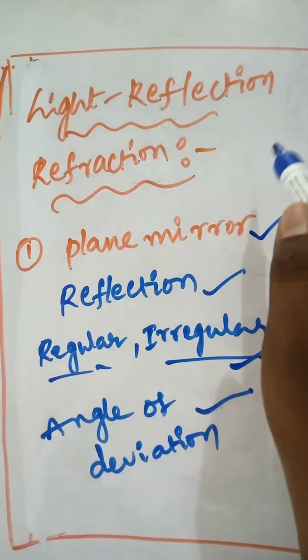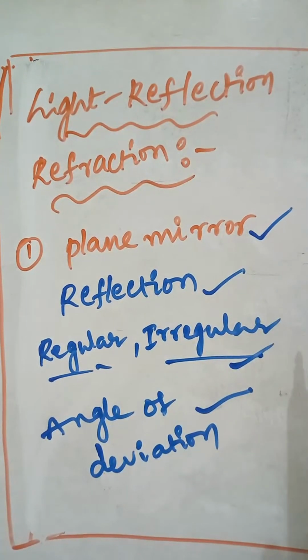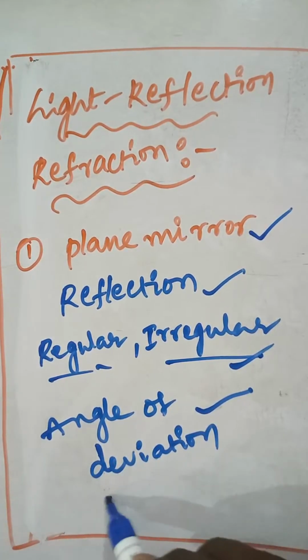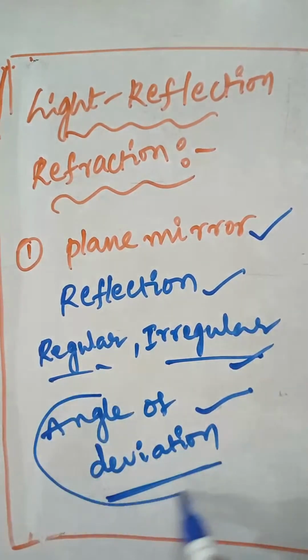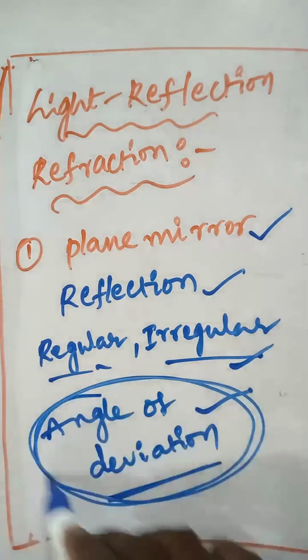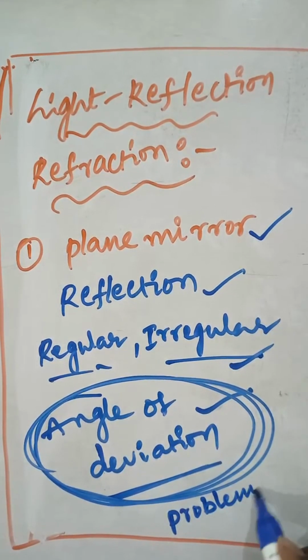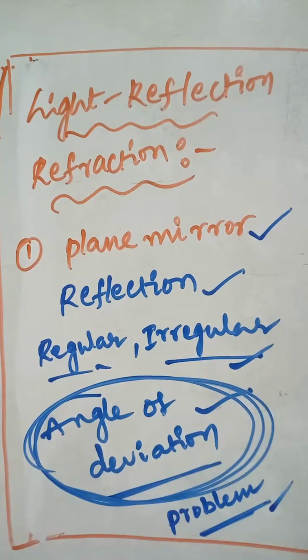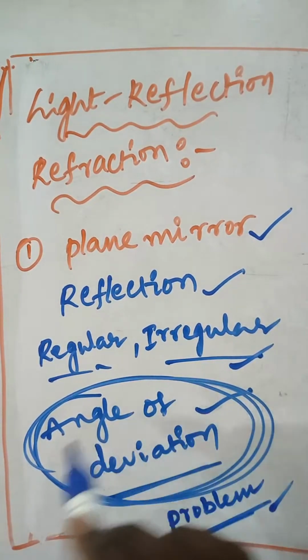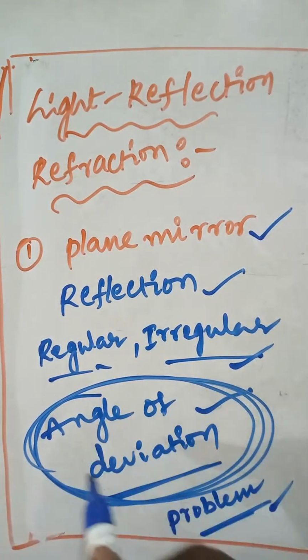Angle of deviation is very important. Related to this, a problem will come in the exam, so a problem can be expected from this concept. So make a note of it. I'll explain one by one.